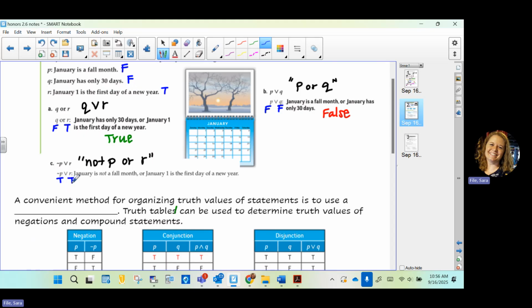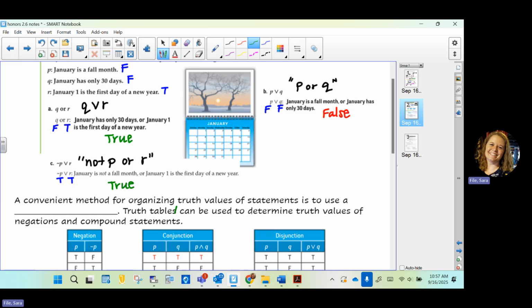So here both of them are true. I only needed one of them to be true for the disjunction to be true, but they're both true. That's fine. So if at least one of the statements is true in an or compound statement, the disjunction is true. But if neither is true, then it's false.